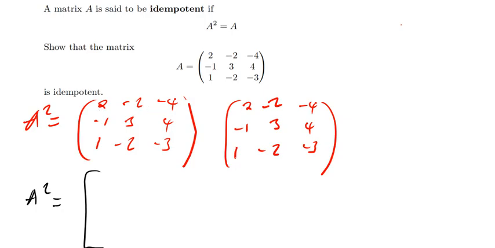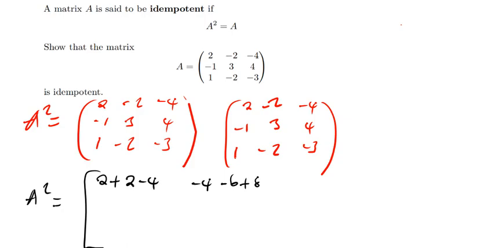So 2 times 2 is 4, plus negative 2 times negative 1 is 2, negative 4 times 1 is negative 4. Done with this part. Now the next part. That's how we multiply. So it's 2 times negative 2 is negative 4, negative 2 times positive 3 is negative 6, then negative 4 times negative 2 is positive 8.